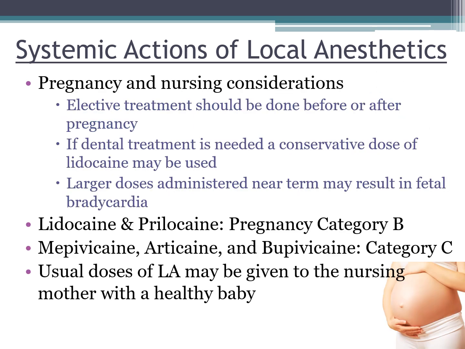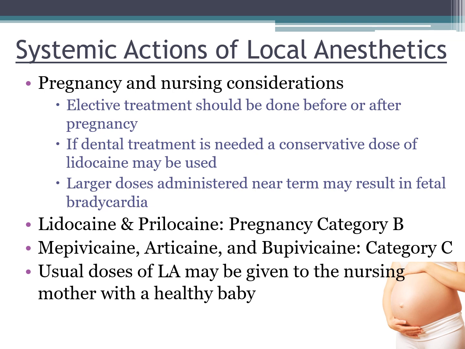There are pregnancy and nursing considerations with respect to the systemic action of local anesthetics. Elective treatment should be done before or after pregnancy. If the dental treatment is needed, a conservative dose of lidocaine may be used, and larger doses administered near term may result in fetal bradycardia, which means the increased heart rate of the baby.